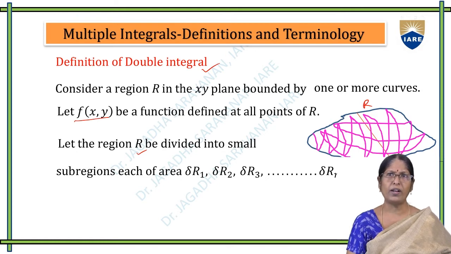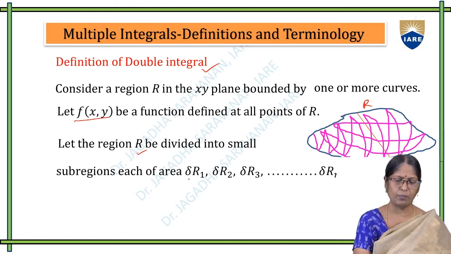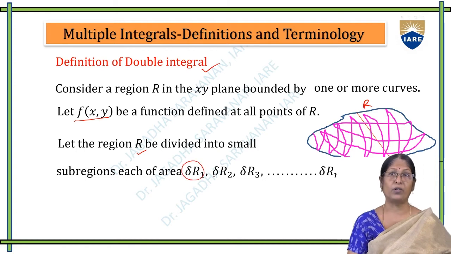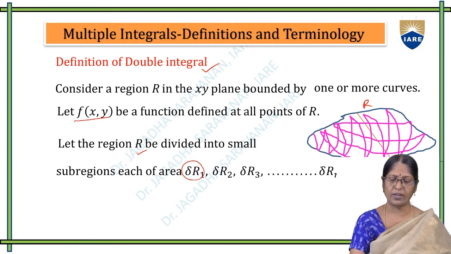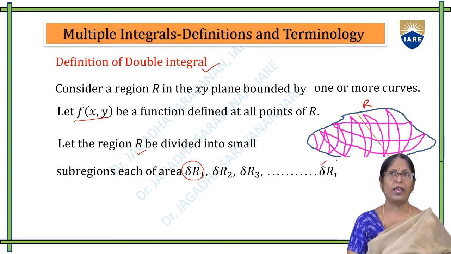For the particular R1, the area is nothing but del R1, and so on, R2, R3 up to Rn.